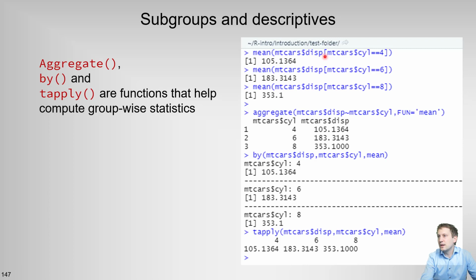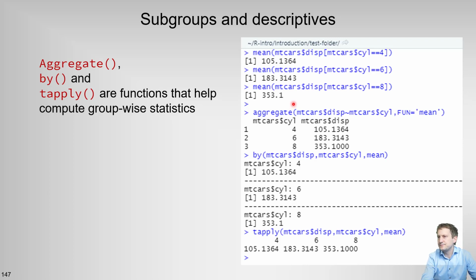Then we use the brackets to select only those cars where cylinders is equal to 4. Then we do that with 6 and then with 8. Each time we compute the mean of this subsetted vector. Then we have these three values for average displacement by number of cylinders. You can see that with more cylinders, the average displacement also goes up.